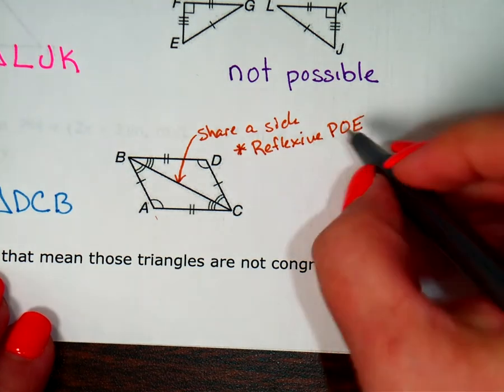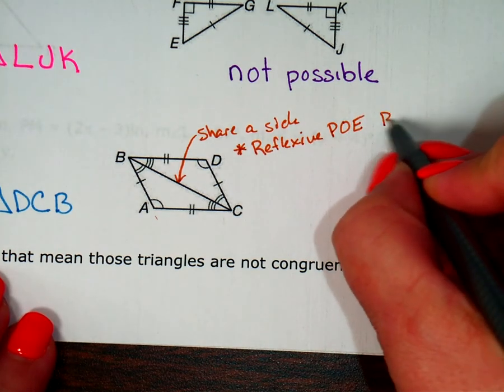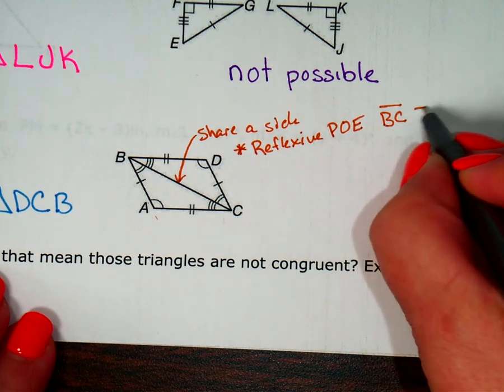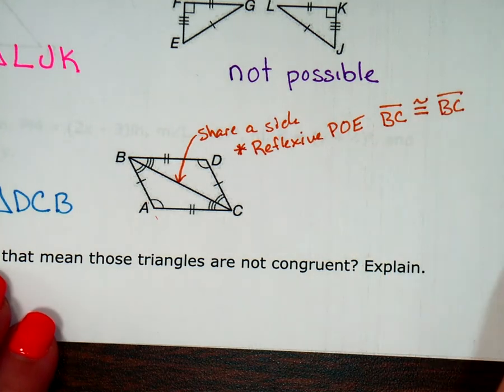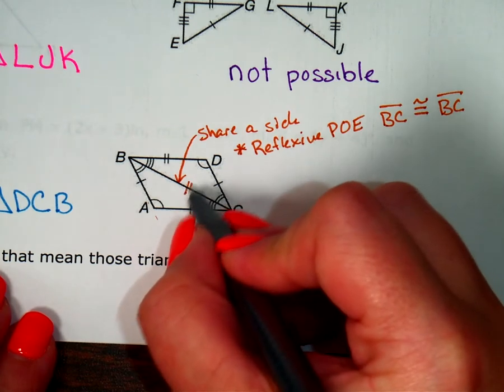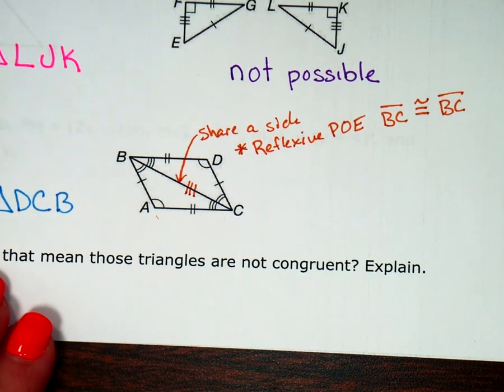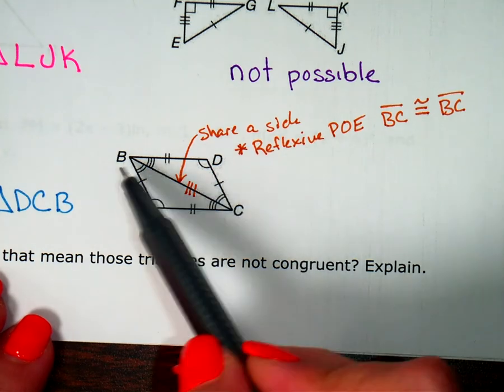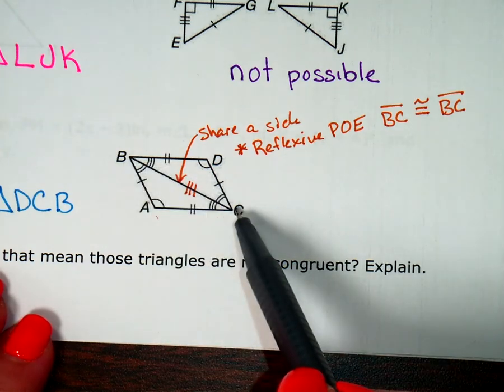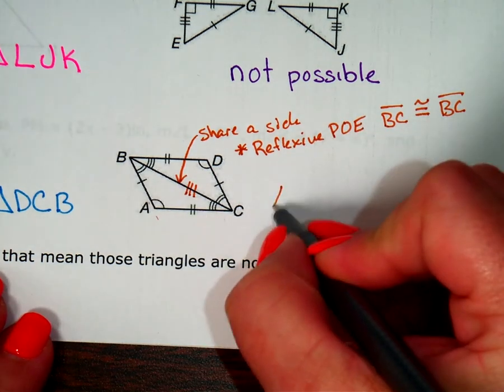And what that states is you're allowed to say that segment BC is congruent to itself, segment BC. Which means I can say it equals itself. I'm allowed to add those tick marks on there. So since I'm allowed to use the reflexive property and say that this segment does equal itself, I can say these triangles are congruent.